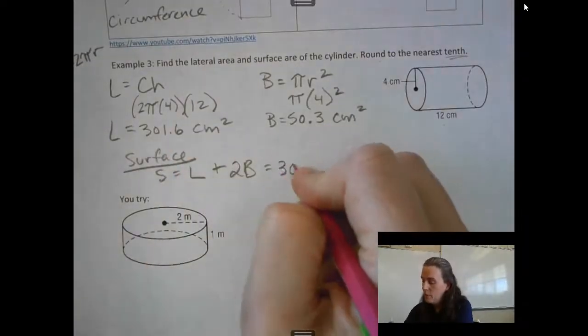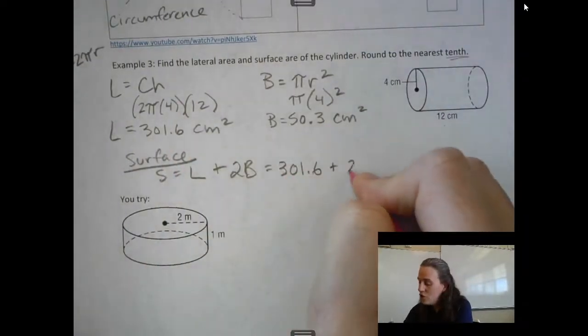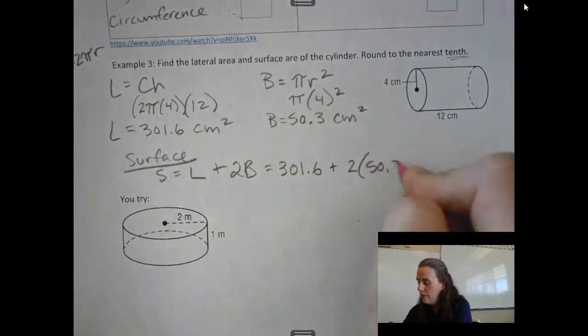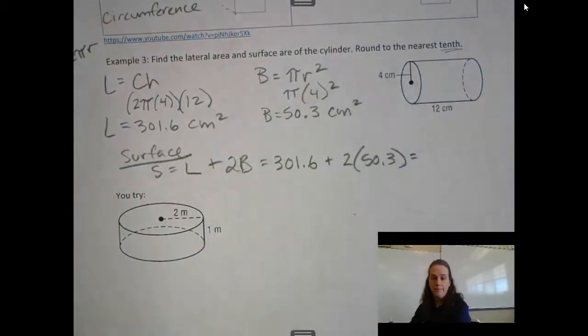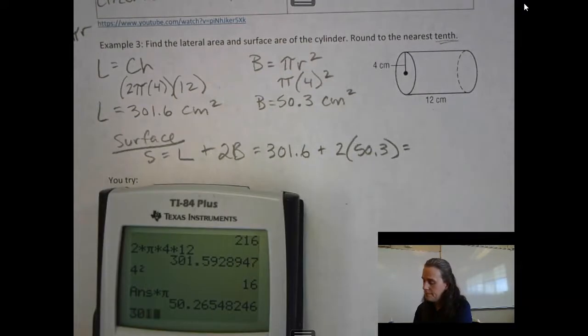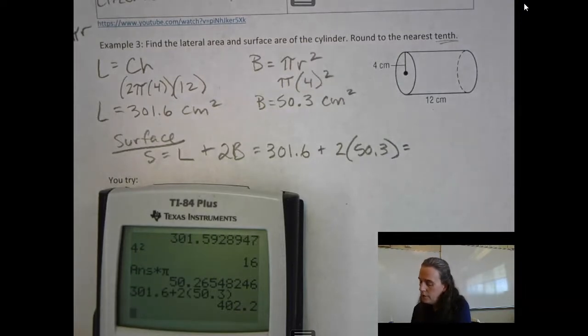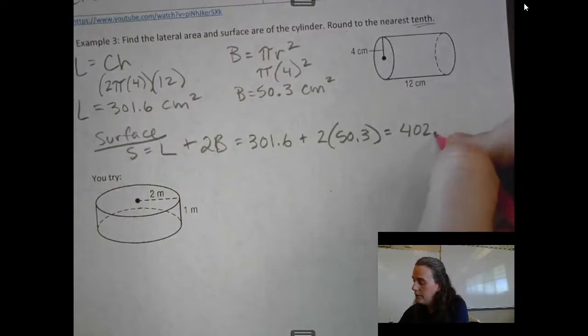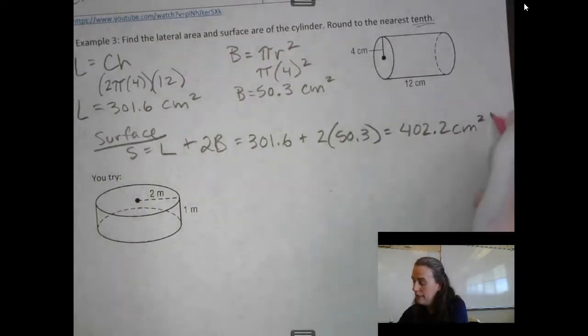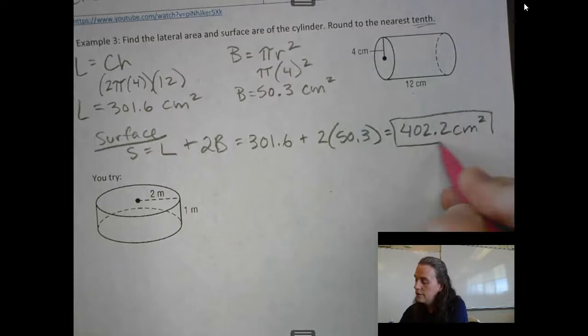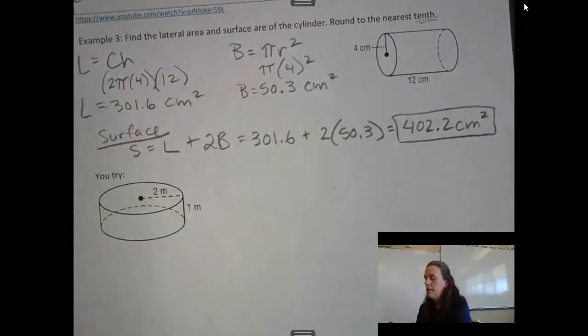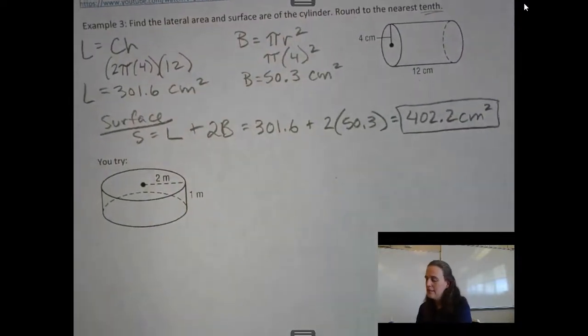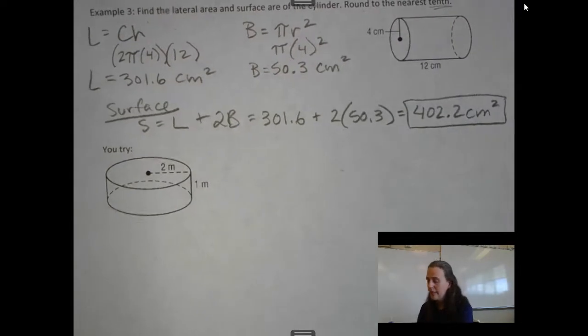Let's put them in. 301.6 plus 2 times 50.3 is 402.2. 402.2 centimeters squared. That's our total surface area. Approximately. We rounded, so that's not super exact, but it's pretty close.